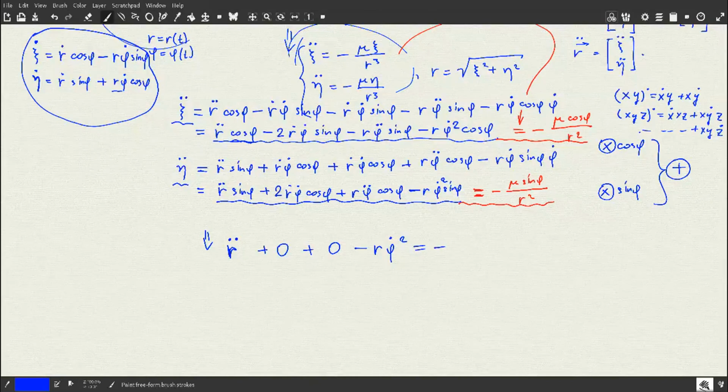Therefore, it is equal to minus mu divided by r squared. r double dot minus r phi dot squared is equal to minus mu over r squared. That's what we got.